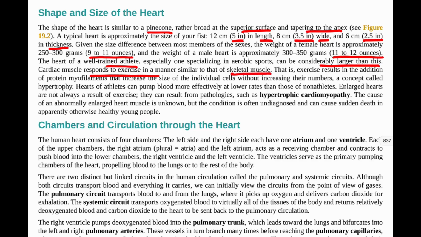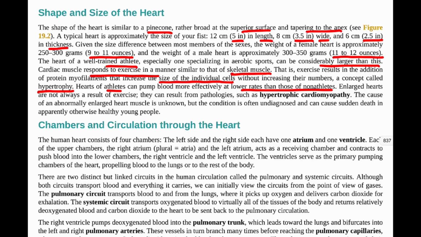So we see an increase in the size of the individual cells, but we don't see an increase in the number of cells. And this is called hypertrophy. So the hearts of athletes can then pump blood more effectively at lower rates than those of non-athletes. So their heart does a better job because the muscles are bigger and it's just more efficient.